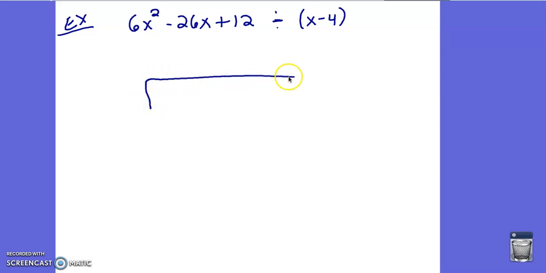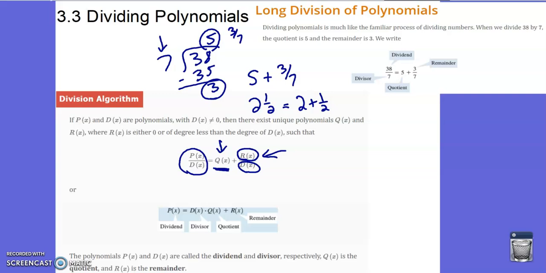All right, so let's look at our first one where we have a trinomial divided by x minus 4. So this is long division. Here we have 6x squared minus 26x plus 12, and we're going to divide it by x minus 4. Normally with division, especially when you have a binomial here, we specifically look at the first term. Going back to the previous problem, how did we come up with 5?